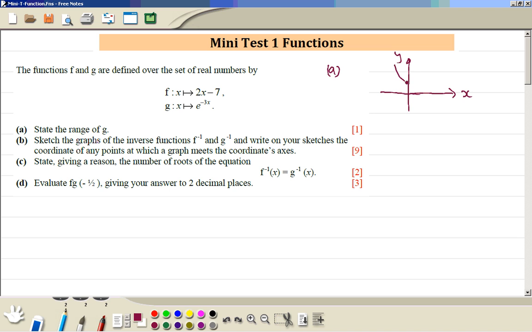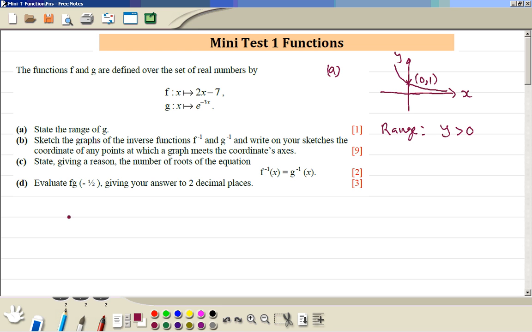So it looks like this, and the asymptote is parallel to the x-axis, and it goes through the point (0, 1). Now we can see from the sketch the range: y is always more than 0.